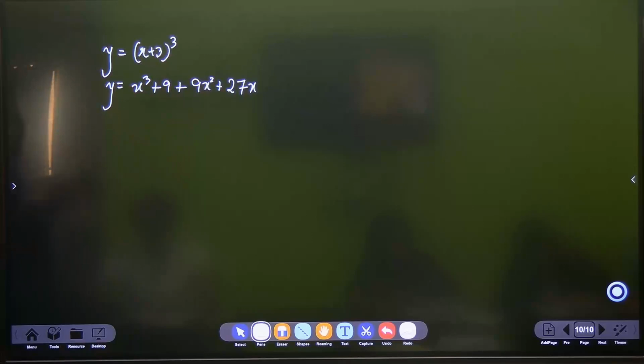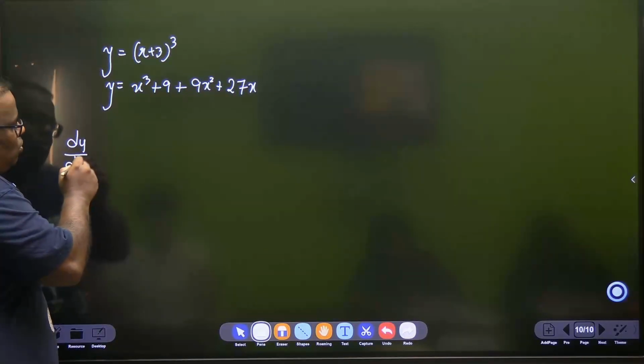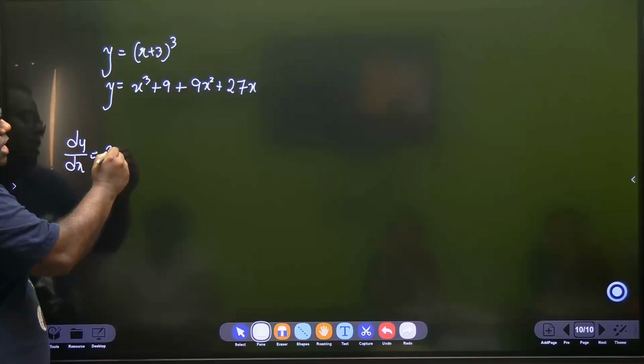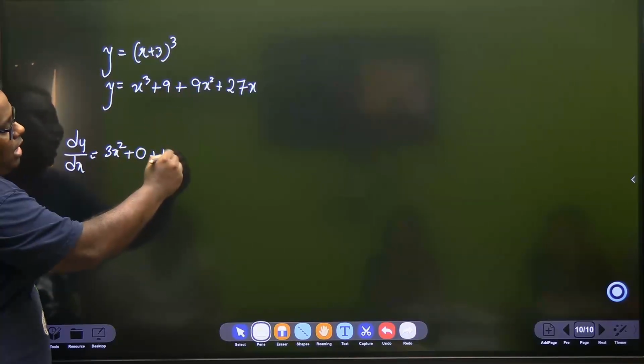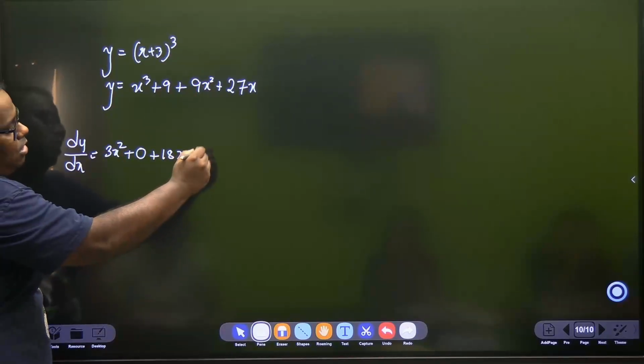Am I correct? This is how we do differentiation. Differentiate this: 3x square, the constant 27 becomes 0, the 9x square becomes 18x, and the 27x becomes 27.